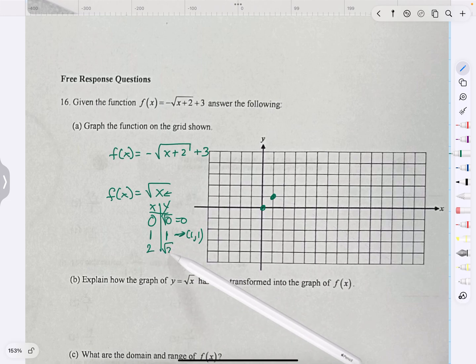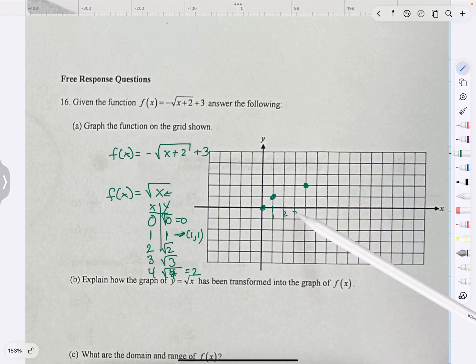I plug in a 2 and I can't square root a 2 very well. I plug in a 3, I can't square root a 3. I plug in a 4, I can square root a 4. Square root of 4 is just 2, so when x is 4, y is 2. There's x is 1, 2, 3, 4. Y is 1, 2, 3, 4.